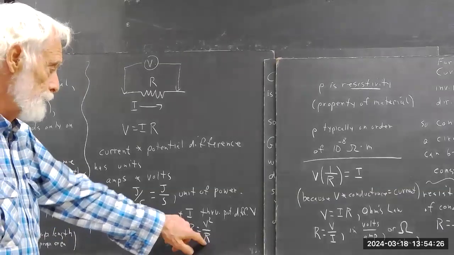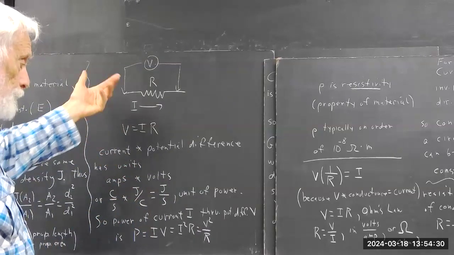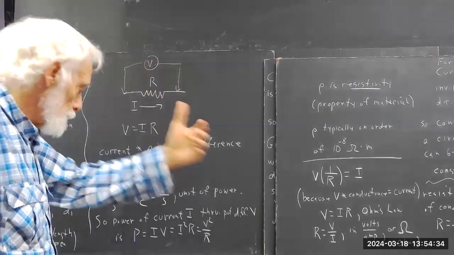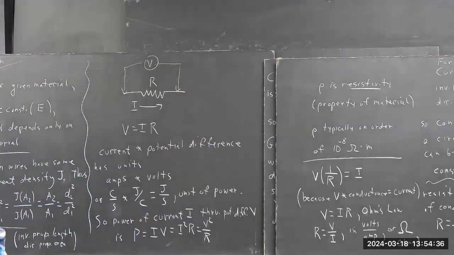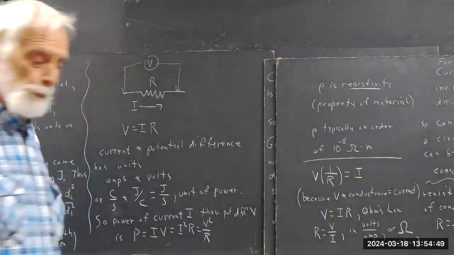And this connects to this very easily. The current's V over R, so I squared is V squared over R squared, so that I squared R is V squared over R, and everything comes out very nicely. And those are easy relationships to understand and manipulate. Okay. So that's what it comes down to.